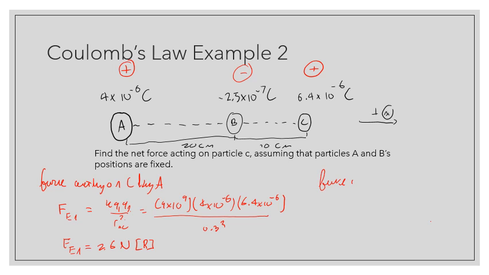Now we have to find the force acting on C by B. Same equation, so let's just sub in the numbers. We get 9 times 10 to the power of 9, times negative 2.5 times 10 to the negative 7, times 6.4 times 10 to the negative 6, all over 0.1 squared, because there's only 10 centimeters between those two.